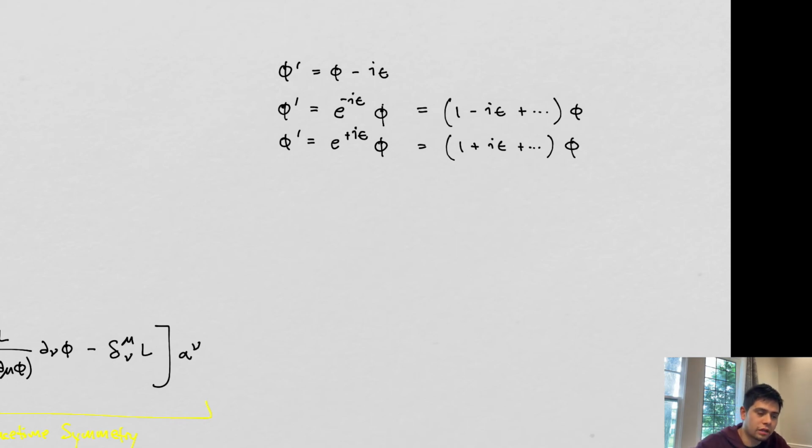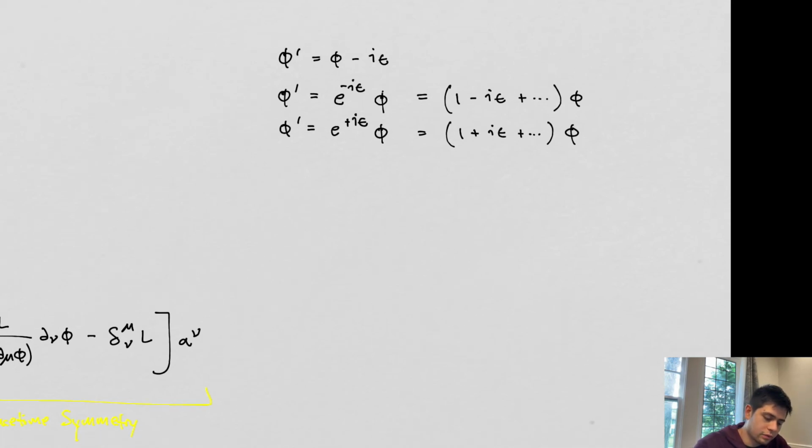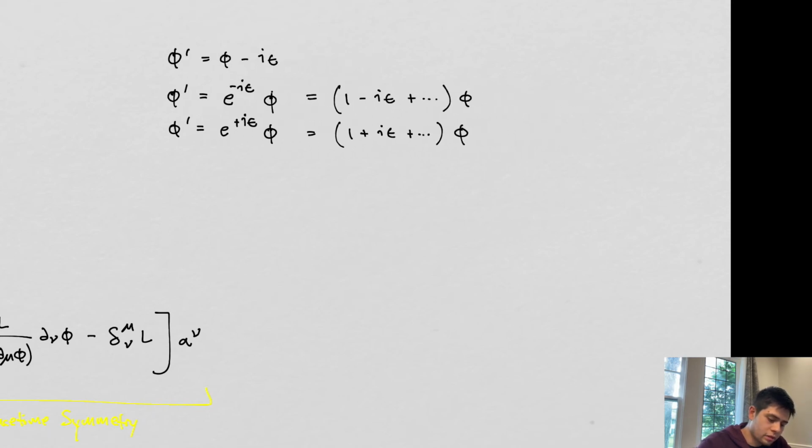Well, if we truncate this, this is approximately equal to, and I'll move all these over just to give myself some space here, phi minus I e phi, and phi plus I e phi. But what we want to do here is call this the conjugate field, because again, we're looking at a complex field.